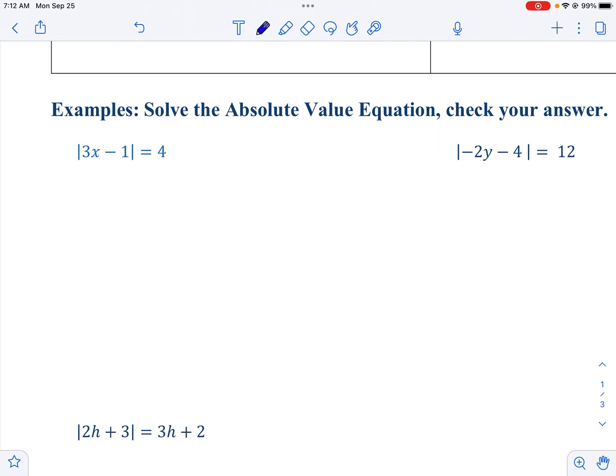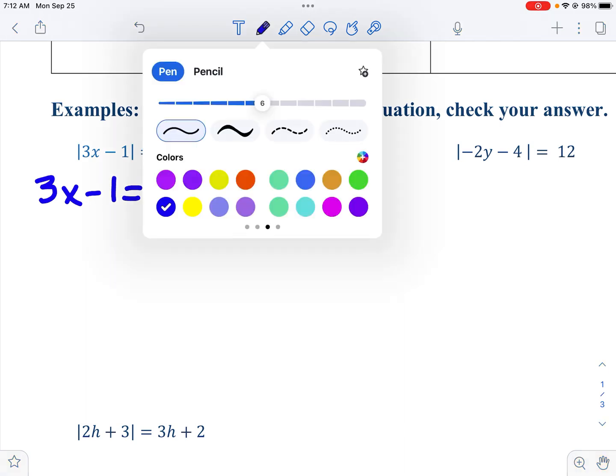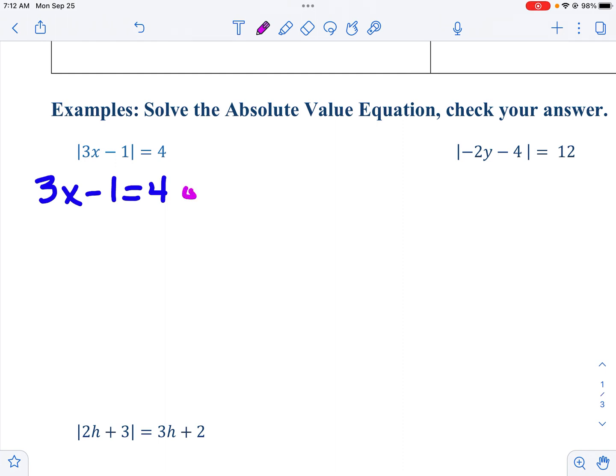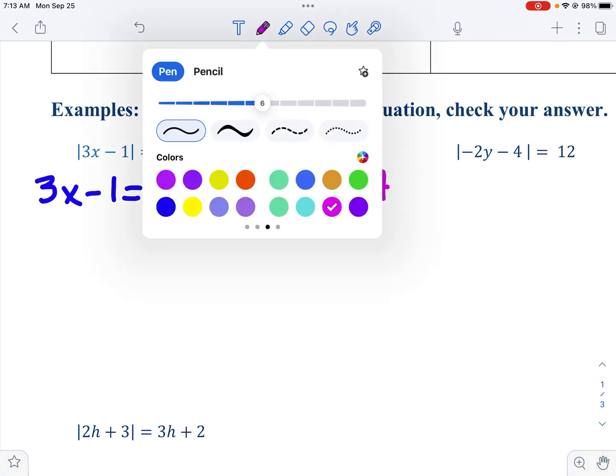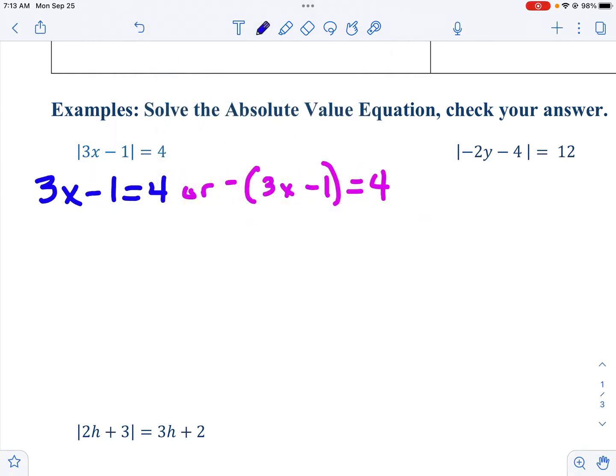You're going to solve it once normally, so I'm going to do that one in blue: 3x minus 1 equals 4, or it could be the negative of that: 3x minus 1 could also equal negative 4. And we're going to work both problems out and solve for two separate answers.